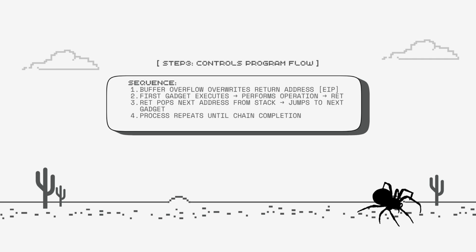Third, return pops the next address from the stack and jumps to the next gadget. Fourth, this process repeats until the entire chain completes. This gives us complete control over the program's execution path, even though we're only using code that was already present in the program. It's like hijacking a train. You're not bringing your own locomotive, you're just switching the tracks to go where you want.